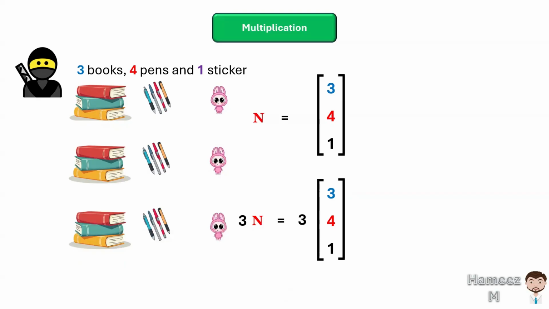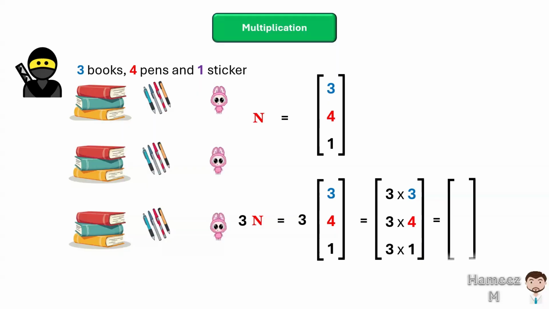It's an easy count, and we can see it's simple standard multiplication. 3 times 3 for the number of books, and then 3 sets of 4 pens and 3 sets of 1 sticker. So that is a total of 9 books, 12 pens, and of course 3 stickers.